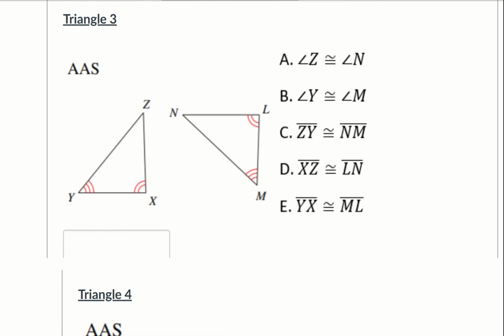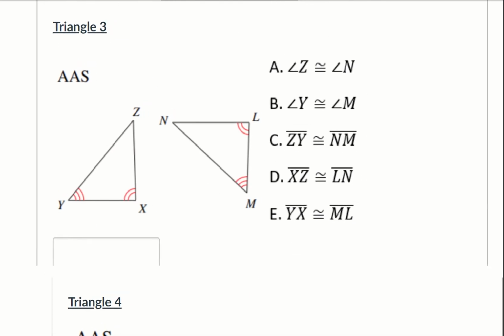Okay, so triangle 3, angle, angle, side. So we got an angle, angle, and so we're gonna need a side. On the other triangle, angle, angle, angle, angle, side. Okay, so either one of those is correct.